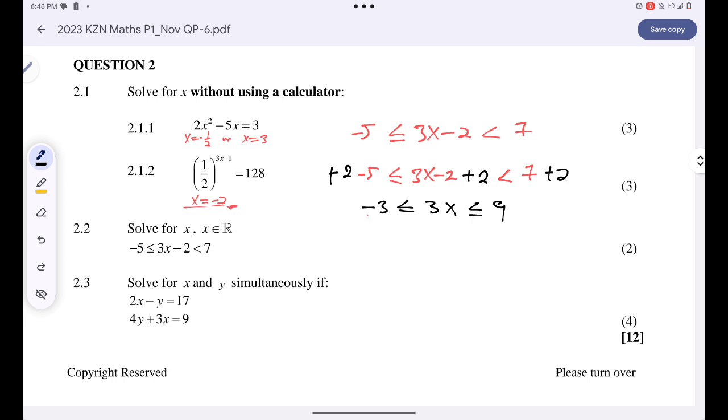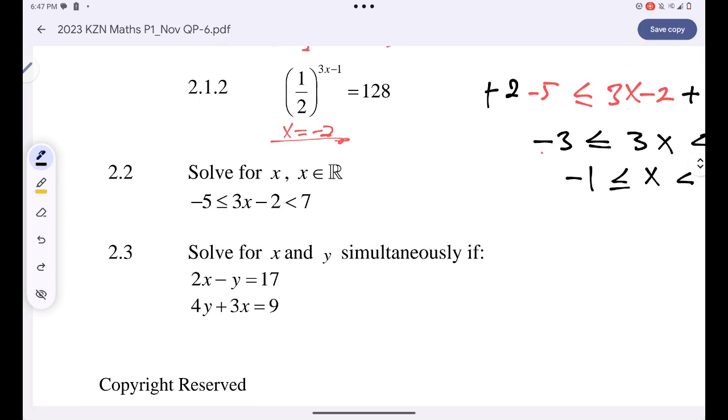I want to be left with x only. I must divide everything by 3. Whenever I do that, I'll be left with x, and then on the left hand side I'll have negative 1, on the right hand side I'll have 3. So x is just a number which is between negative 1 and 3.